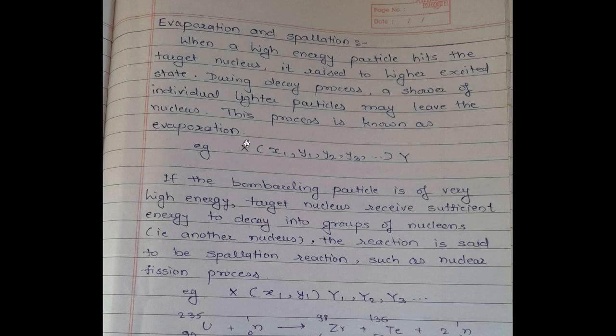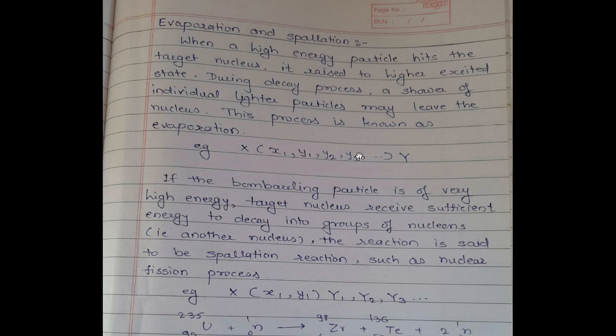It will be excited to the higher energy level. Now again it has to come to the ground state. While decaying to the ground state, what will happen? We will get a shower of lighter particles.